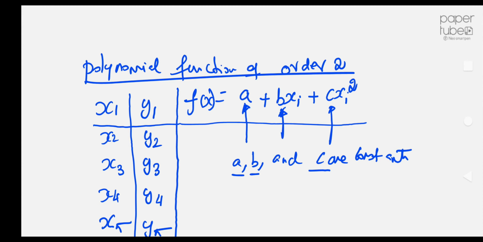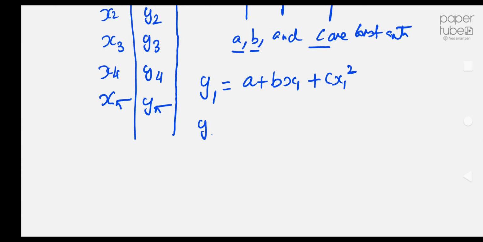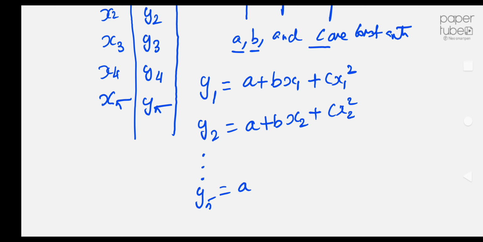So if you want to predict y1, then y1 should be equal to a plus b x1 plus c x1 square. Similarly, y2 should be equal to a plus b x2 plus c x2 whole square. Similarly, y5 should be equal to a plus b x5 plus c x5 whole square.